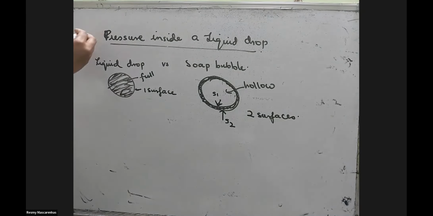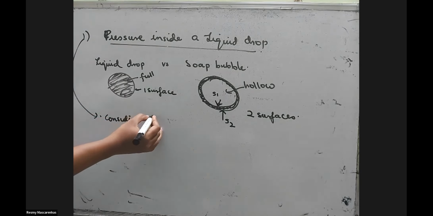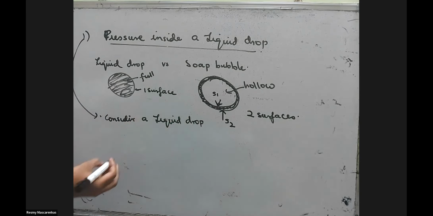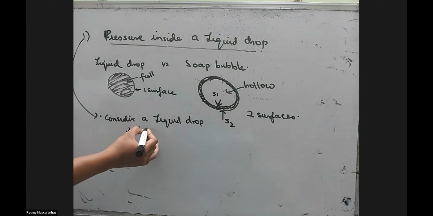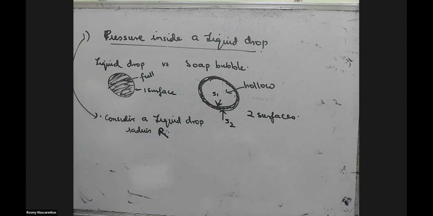The first one we are doing is for a liquid drop. So consider a liquid drop. We'll assume it to be of radius capital R. That theory part is there in the notes, I'm not dictating that, just refer to it. As the drop surface is curved, there exists a pressure difference across the surface.